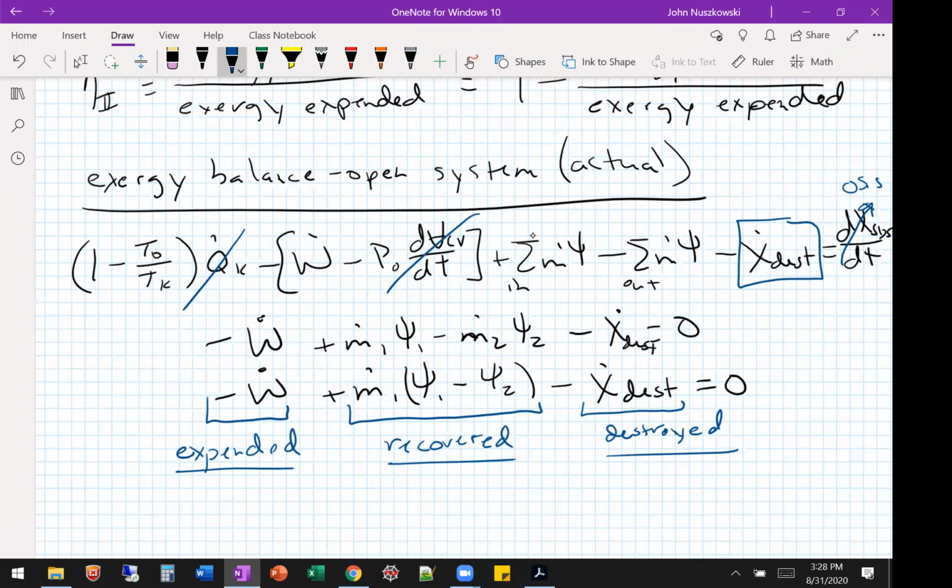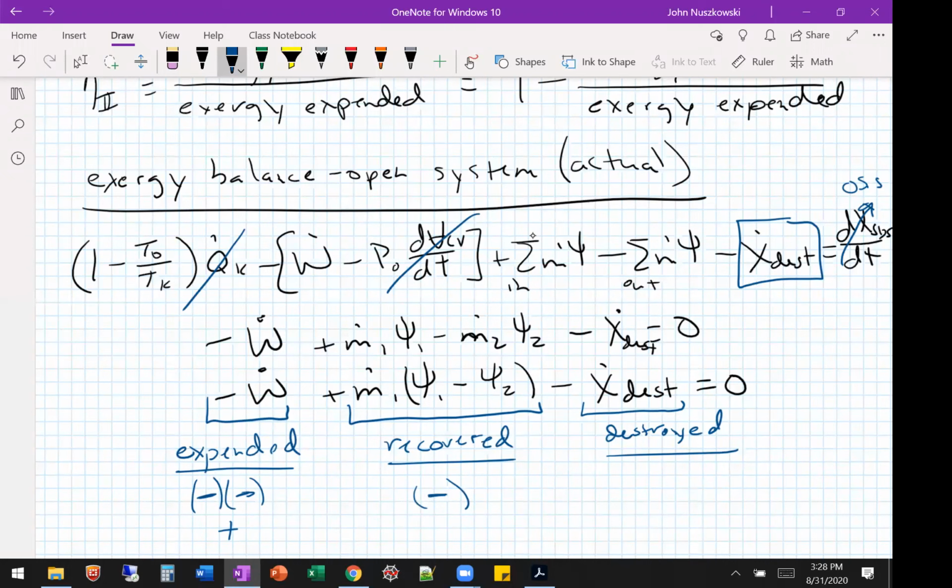In this case, because we're putting work in, that's the supplied or expended, right? Because if you think about this, you have this negative sign here, and then we have a negative that we end up getting for our work, so it ends up being a positive, okay? Recovered, you're going to have the outlet flow exergy being higher than the inlet, so you're going to get a negative here, okay?